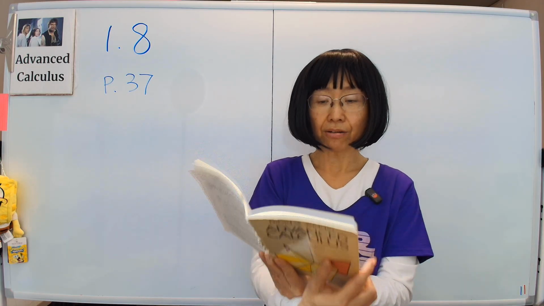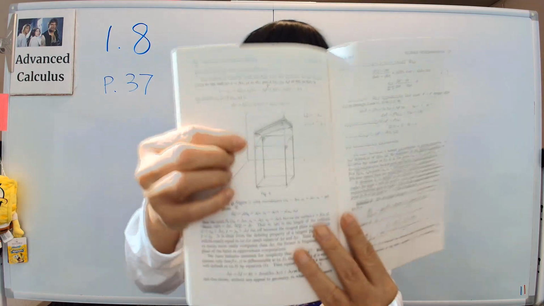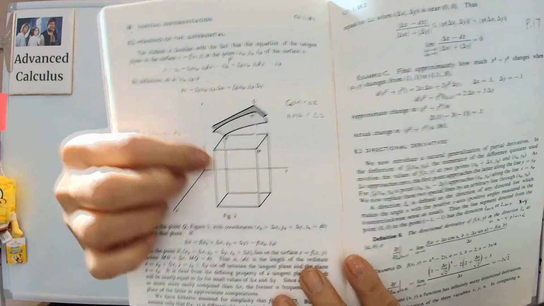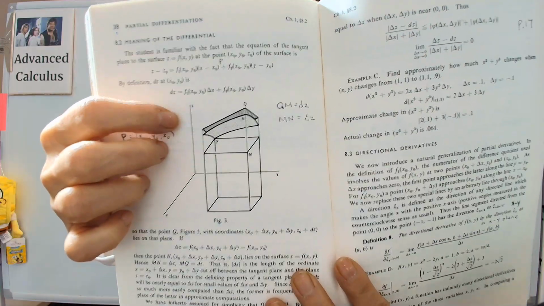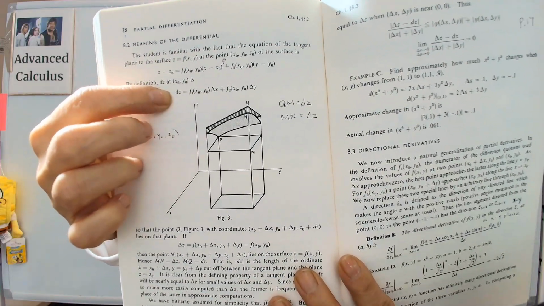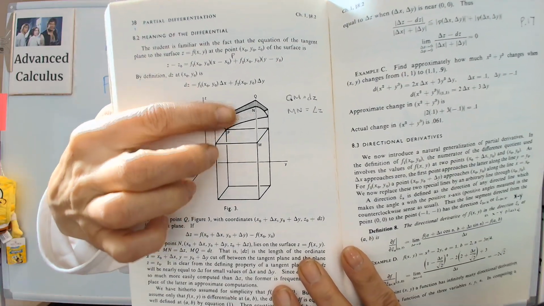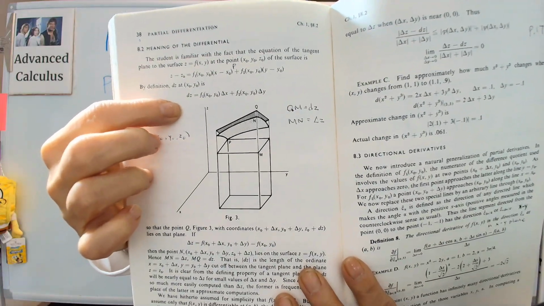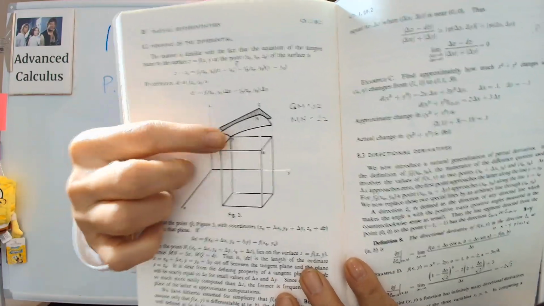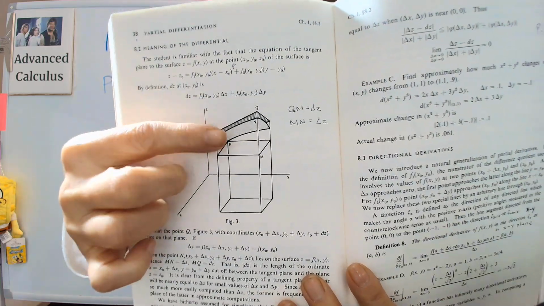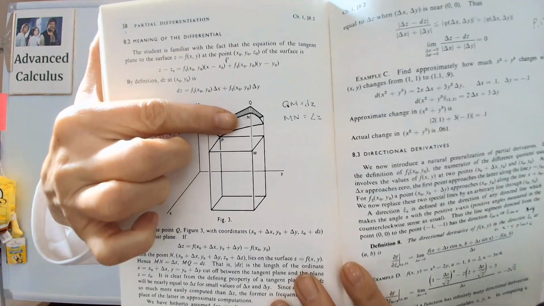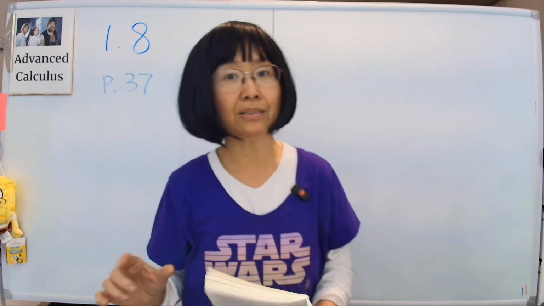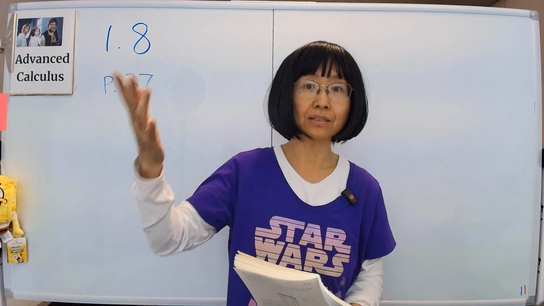Then the error, of course, is the difference. If we're approximating the actual function with the tangent plane, then dz is the tangent plane, delta z is the actual length, so the difference is the error. Subtracting those two values, you get the error right there, which in this picture will be from Q to N. That would be how far the tangent plane is off from the true value.